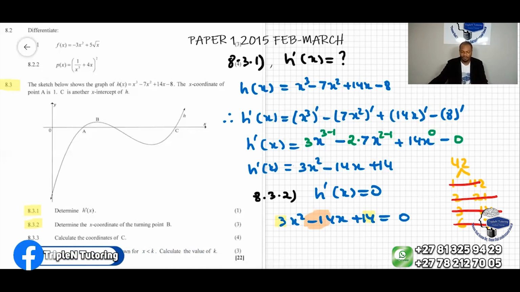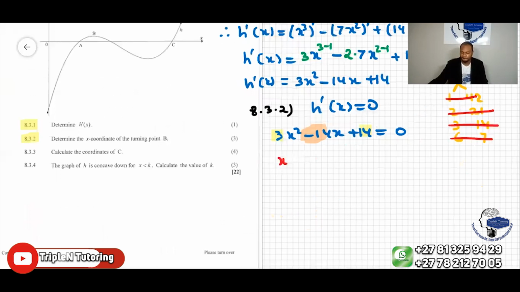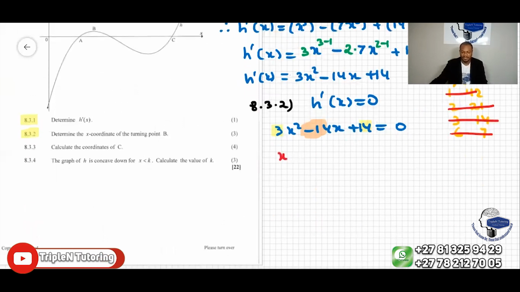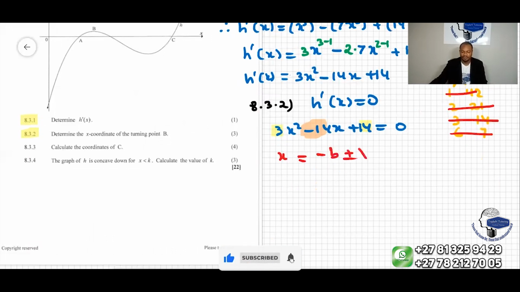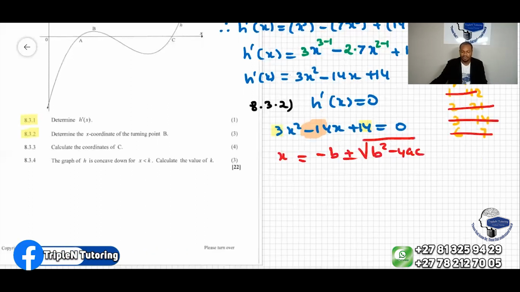And the quadratic formula gives x equal to minus b plus or minus the square root of b squared minus 4ac, all over 2a.